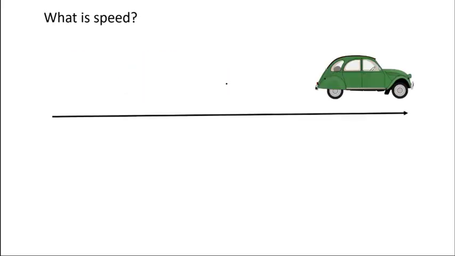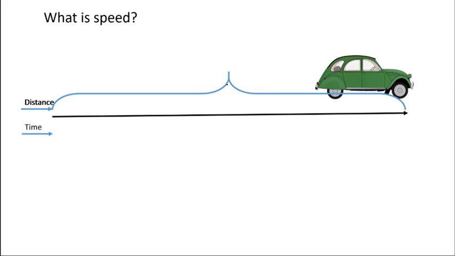What is speed then? If a car travels for some distance, how much distance? In how much time? Suppose the distance covered by the car is 60 km, notice it, kilometer, and it takes a time of just 2 hours. How do you calculate speed?